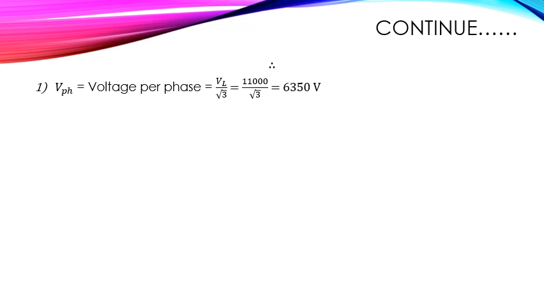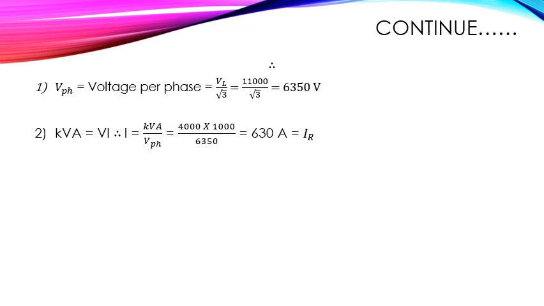Therefore, the phase voltage is calculated by putting the value of the line voltage, 11,000 volts. So the phase voltage is 6350 volts. Then the kVA rating is given as 4000 kVA. Put the value of the calculated phase voltage here.